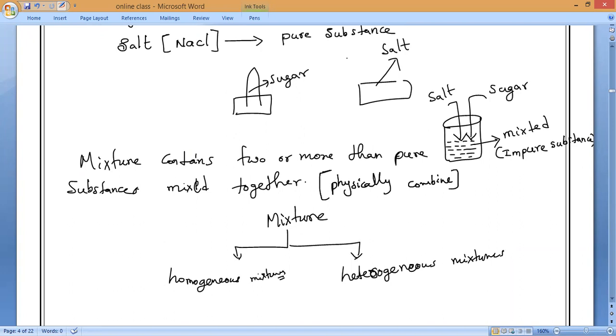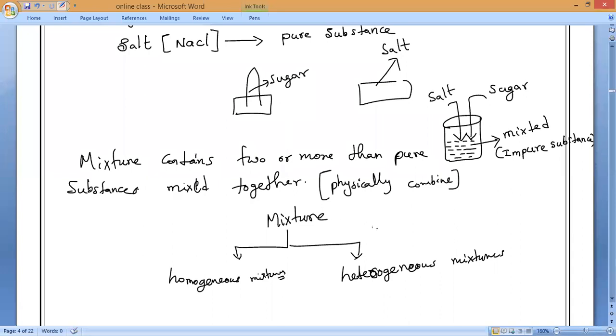If chemically combined, what will it form? Compounds. If it is chemically combined, compounds will form. If it is physically combined, what will form? It will form mixtures. Understand, everybody?